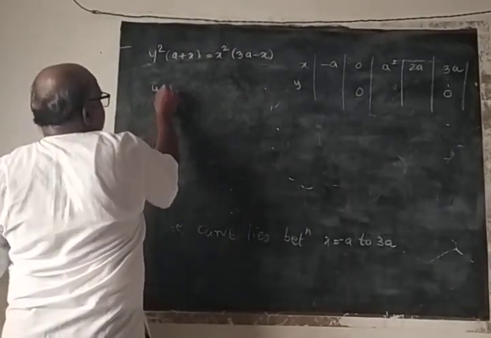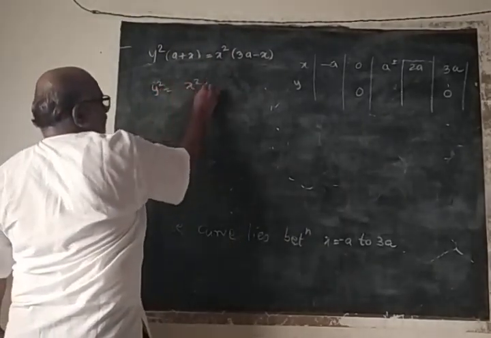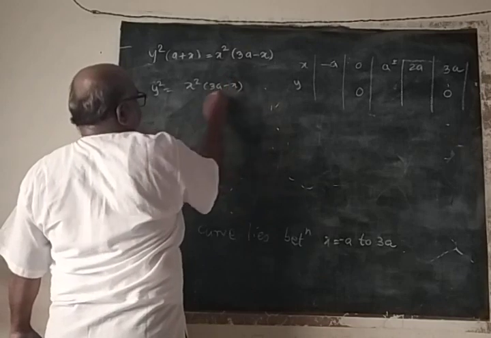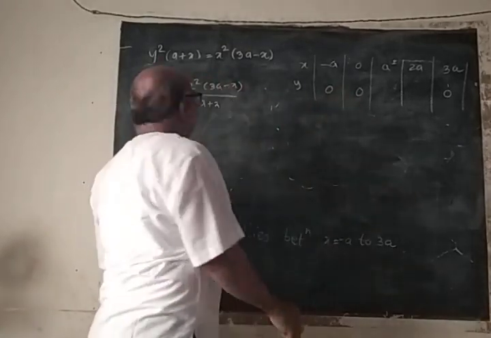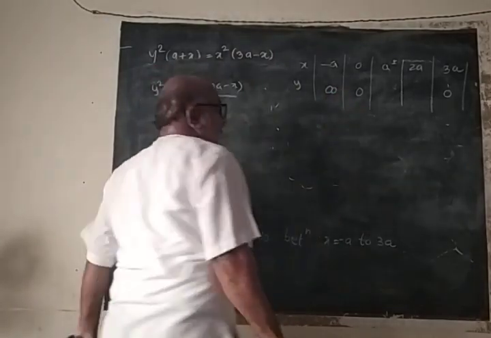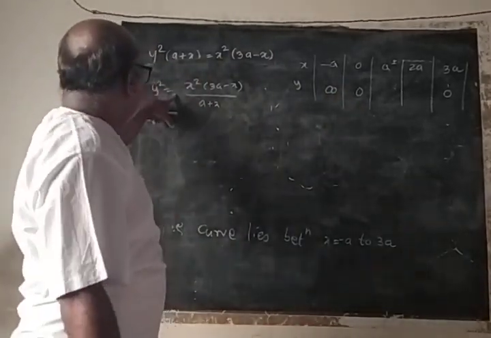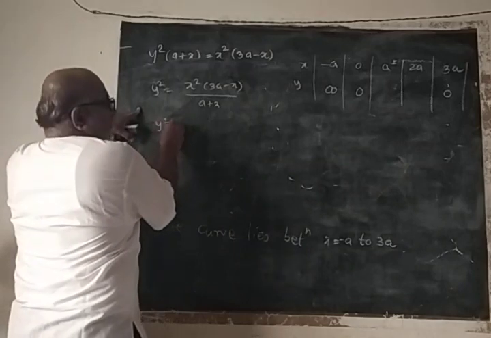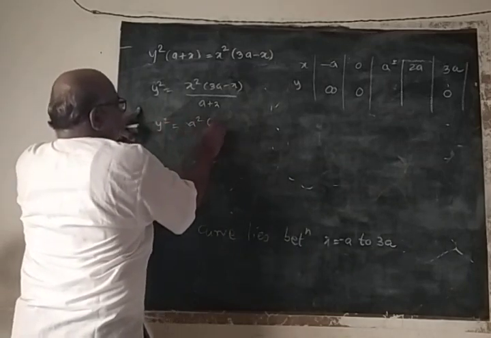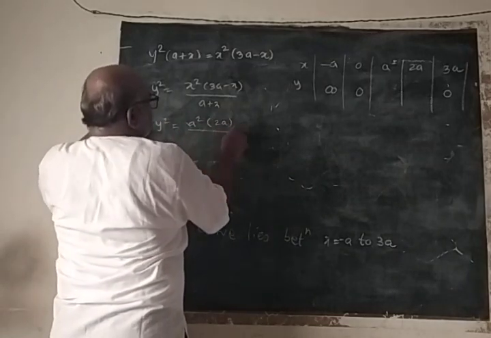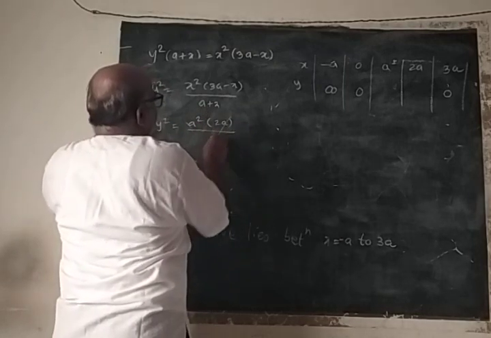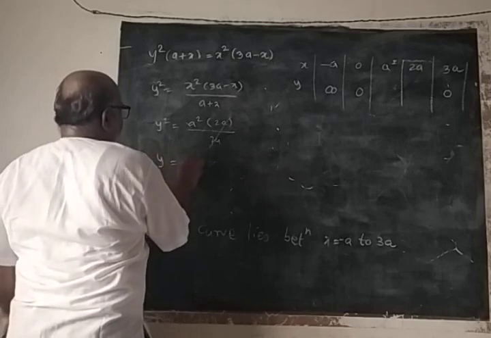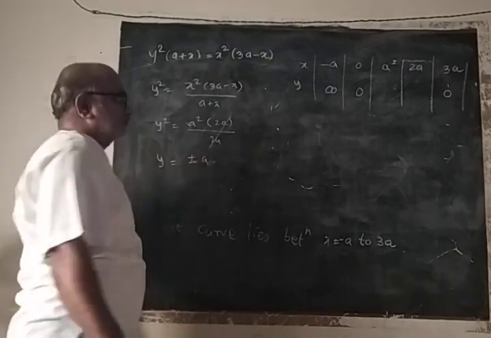Now you can write y square equal to x square into bracket 3a minus x upon a plus x. At x equal to minus a it becomes infinite. What happens if x equal to a? Y square equal to a square into 2a divided by 2a. 2a get cancelled. Y is equal to plus or minus a.